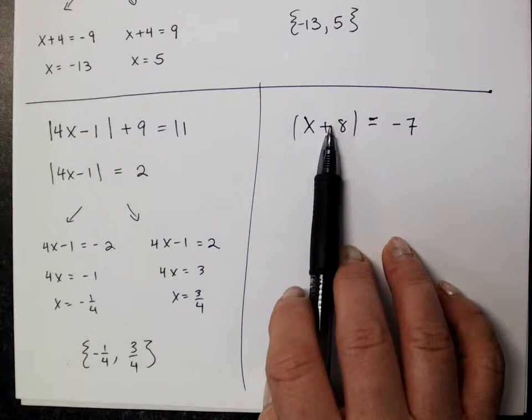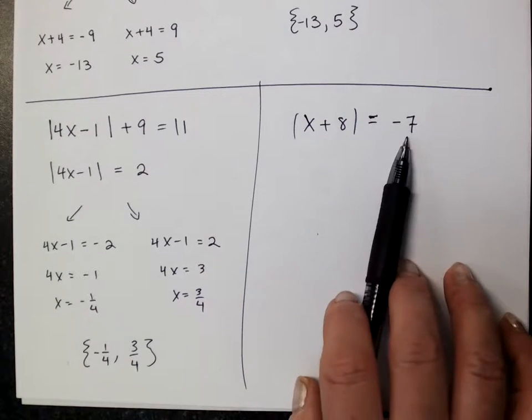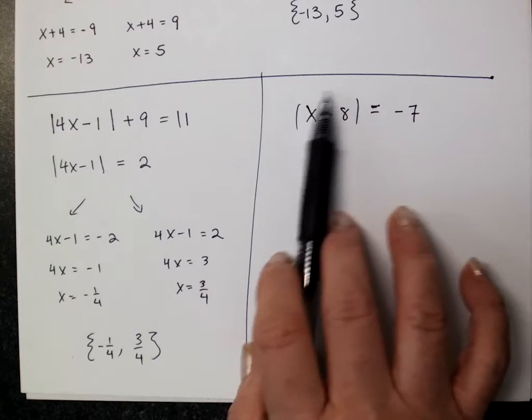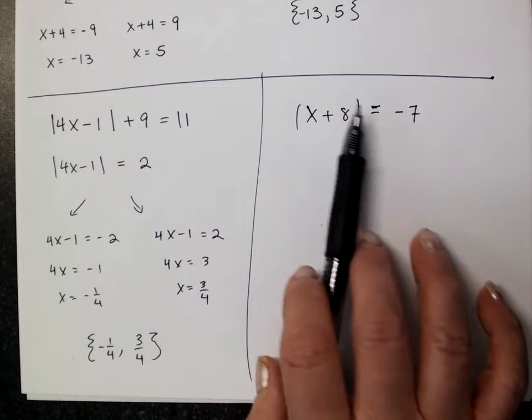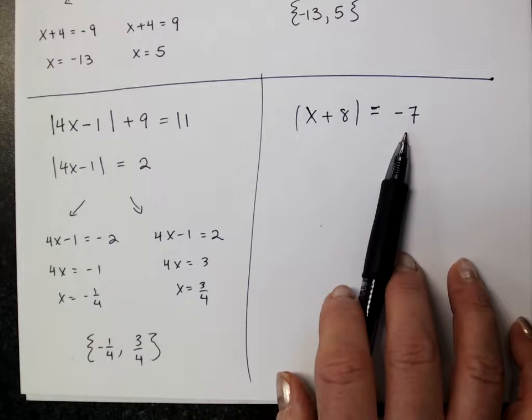So your answer is going to either be 0 or positive. It's going to be non-negative. So is it ever possible for this to be negative? No. No matter what x is, the absolute value of whatever this is is going to come out 0 or positive. So this is impossible.